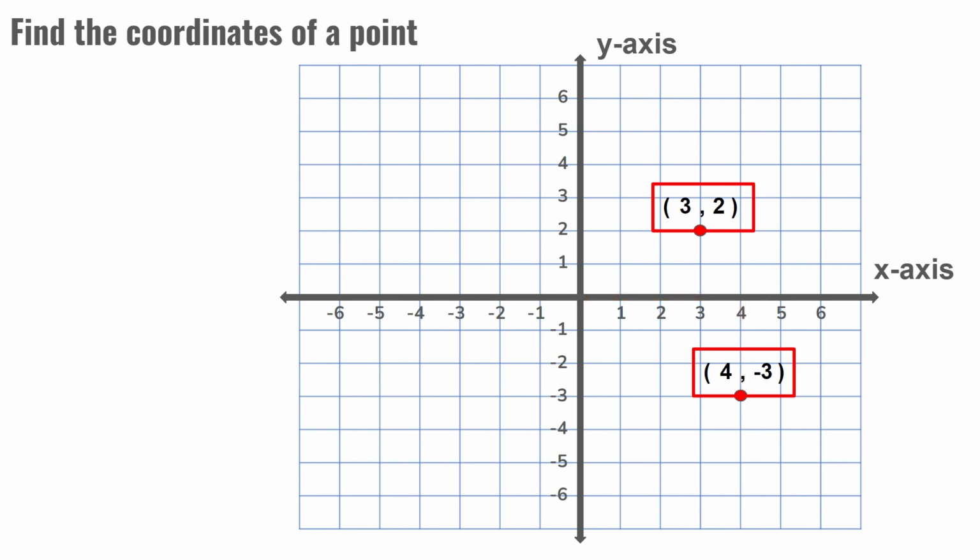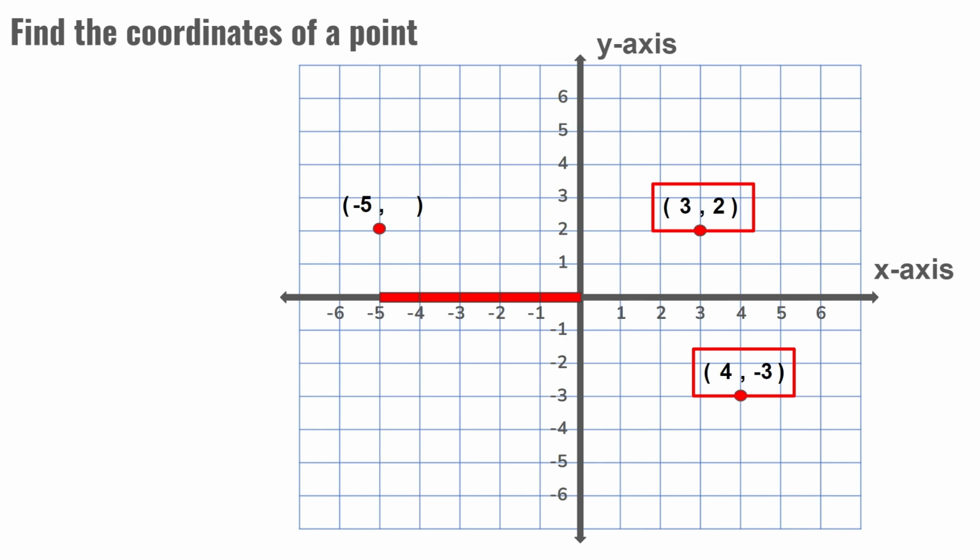Okay, let's find the coordinates of another point. So, which direction along the x-axis should we move, and how many spaces should we move in that direction? That's right, we need to move 1, 2, 3, 4, 5 spaces in the negative direction, which means the first number in the coordinates of the point is -5.